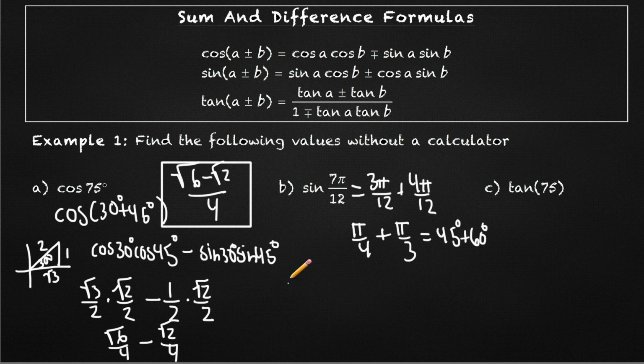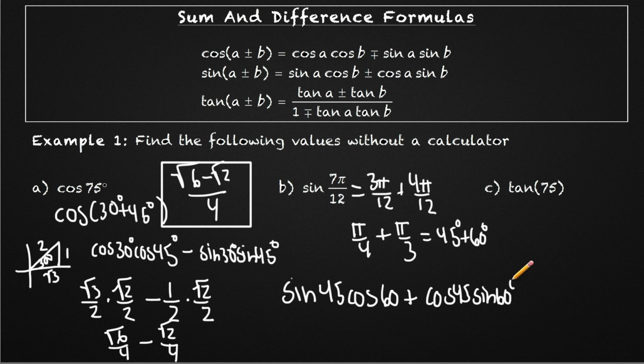All right, so I'm going to run through this pretty quickly because these formulas are pretty self-explanatory. Sine of A, so sine of 45, cosine of 60, and because it's sine and it's a plus, then you're going to just use a plus right there. And then you'll put cosine of 45 and then sine of 60. All right, so now we're just going to put root 2 over 2 here.